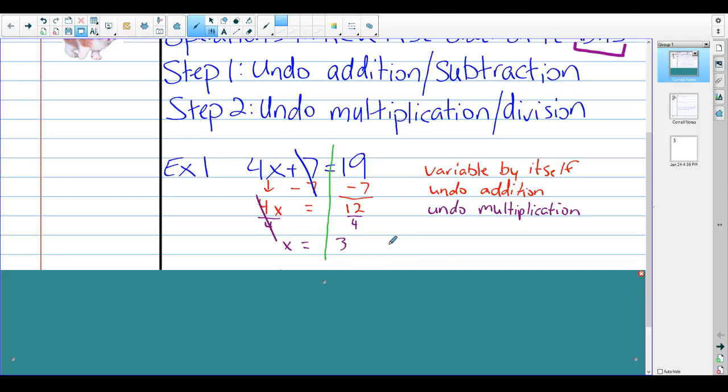And then we can check that. If we say 4 times 3 plus 7, 4 times 3 is 12. 12 plus 7 is 19. This works out what it's supposed to be. And that's two-step equations. We just practice this a couple hundred times, and then we'll be good at it.